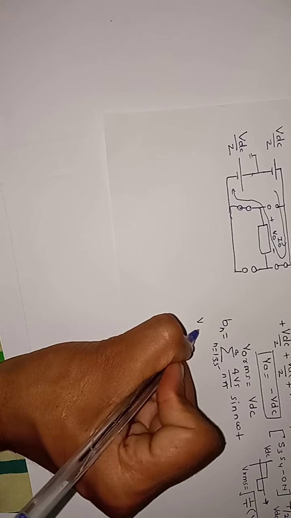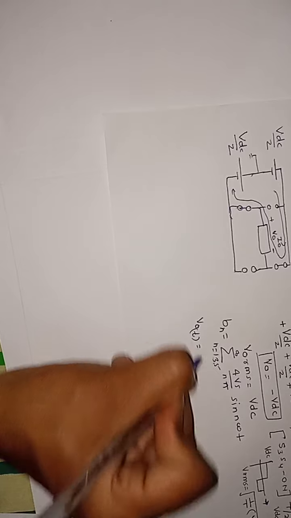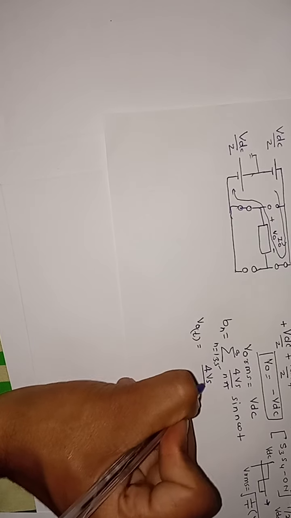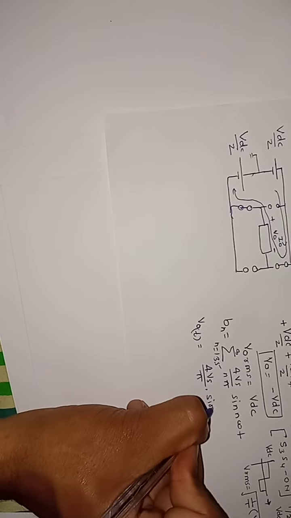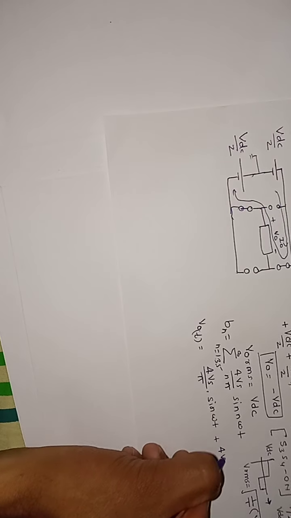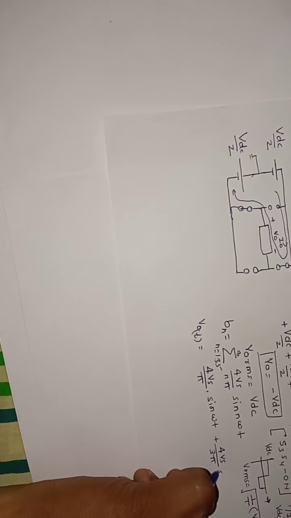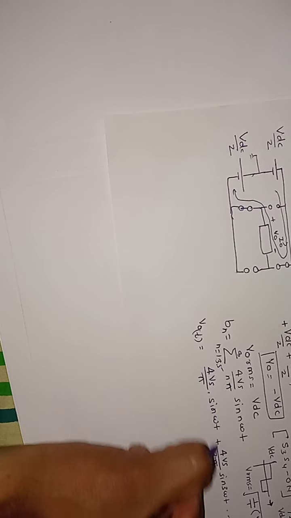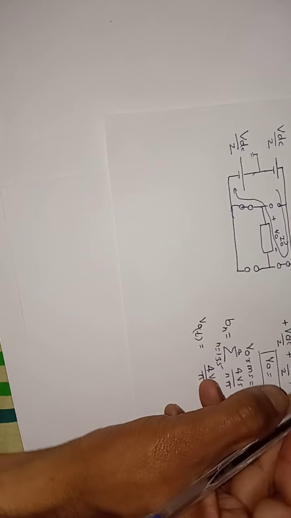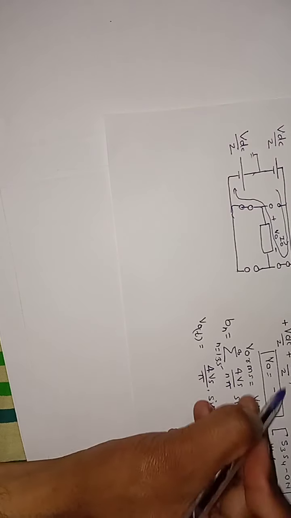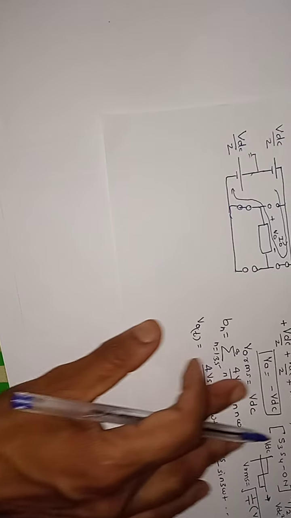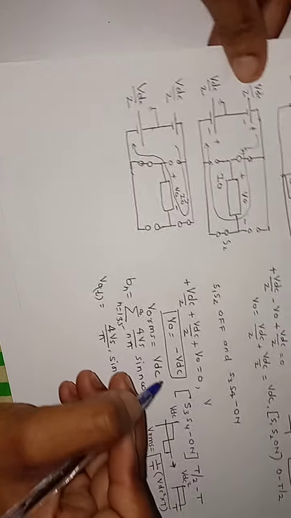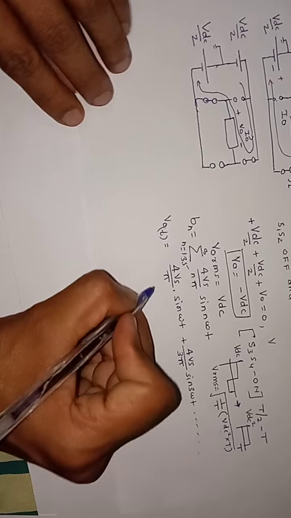So we can find the equation of the voltage: 4 Vs upon pi into sine omega t plus 4 Vs upon 3 pi into sine 3 omega t, and so on. We put the values n equal to 1, 3, 5. And as we know, Vs is the output voltage, equal to VDC, so we can put the VDC value here.